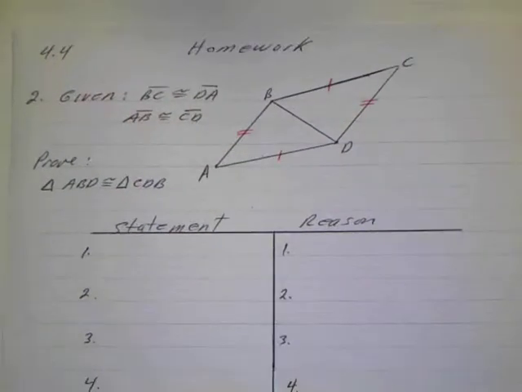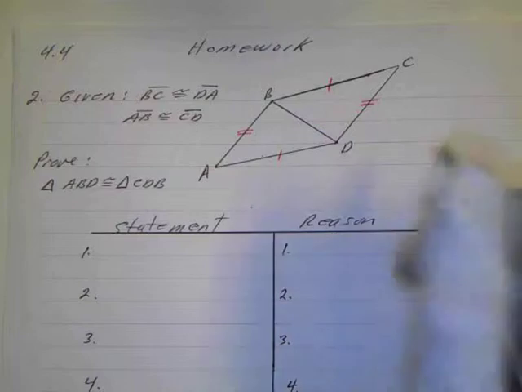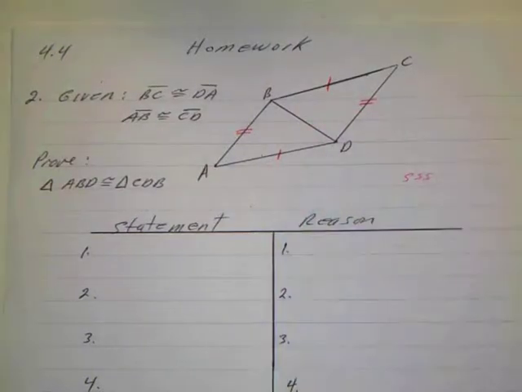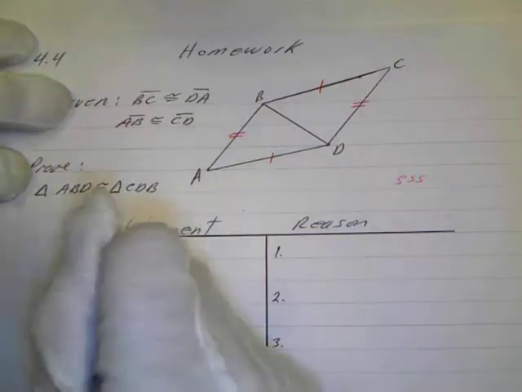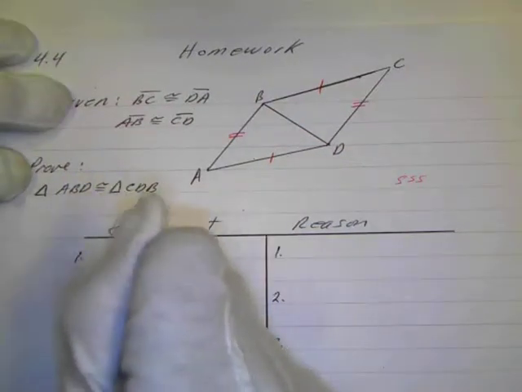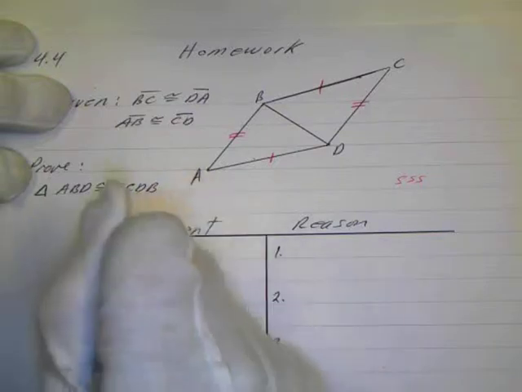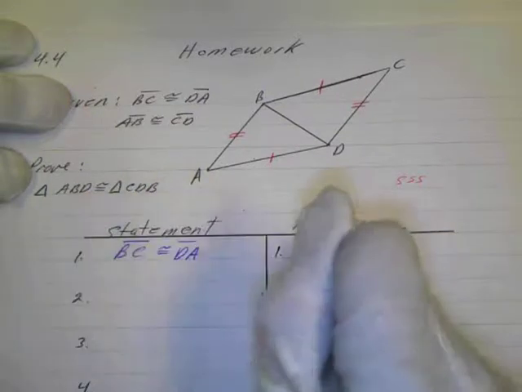So let's go to the proof. Probably the technique we're going to use will be side, side, side. I think they actually even suggest that. The first thing we do is write down our givens. BC is congruent to DA. Those are segments, and that's given.